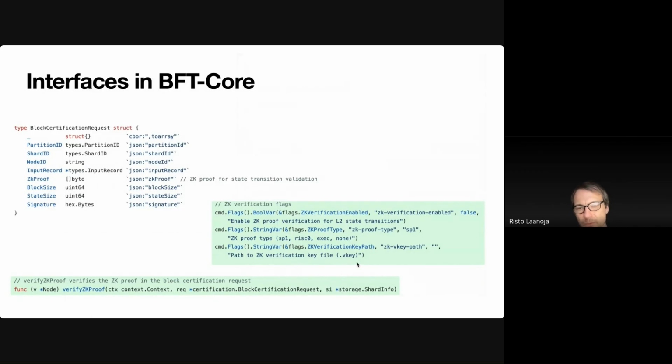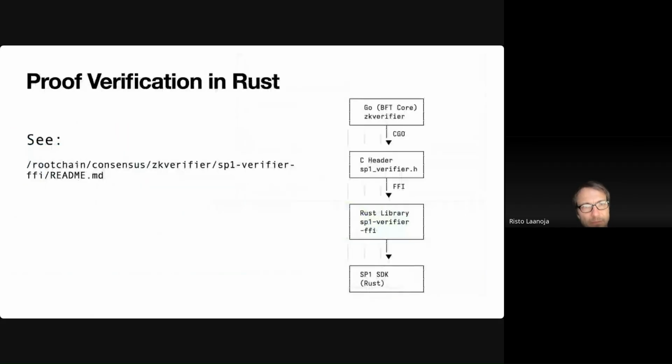So we have to manually extract this proof and copy it to the validator on the BFT core side. And yeah, it was not trivial to put together the actual SP1 library-based validation which can be used from a Go program. There are a couple of layers in between. And that's all.